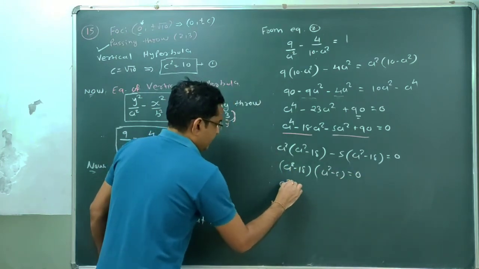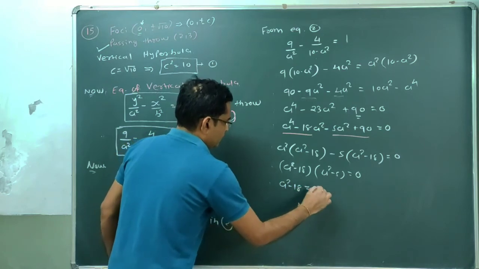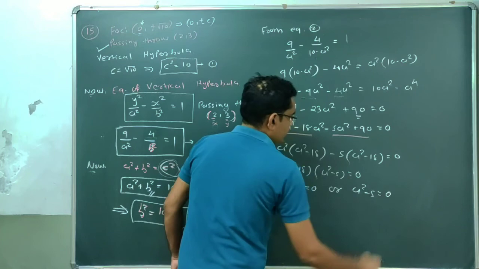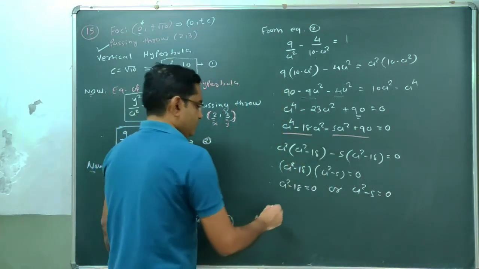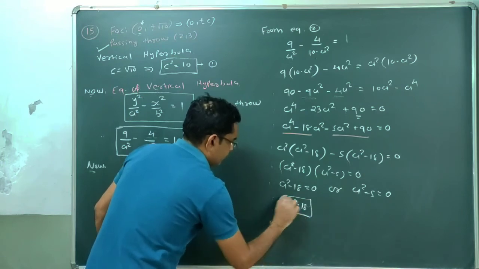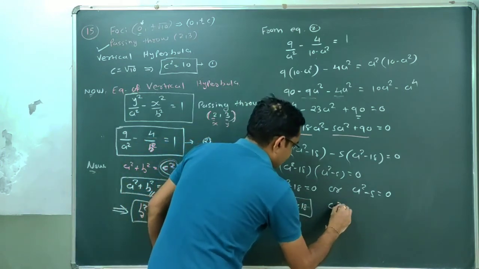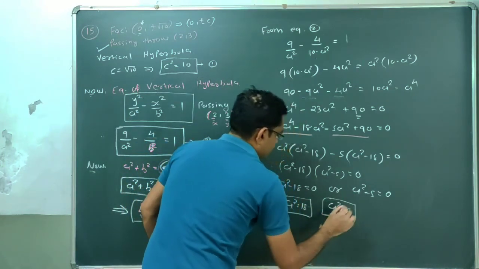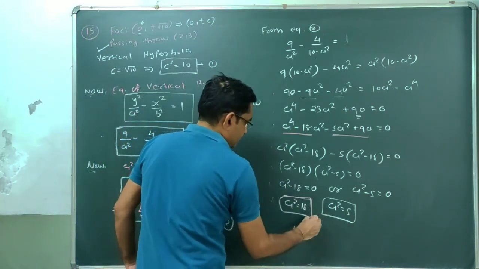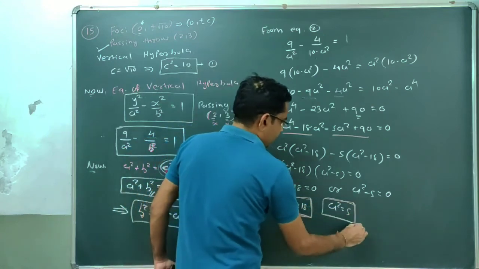And therefore we can write a square minus 18 equal to 0 or a square minus 5 equal to 0. And hence we are getting a square equal to 18 and a square equal to 5. So two possible values of a square are there.